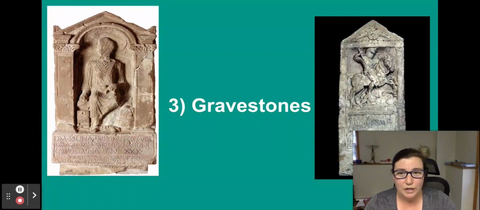Gravestones are another really cool way to learn about the lives of people in Rome who may not have been famous. And so it's really fun to learn about their lives here. On the left, you see a tombstone to Regina. And Regina was married to Barates. She had been enslaved and she was freed and she was married by Barates. And he was from Palmyra.